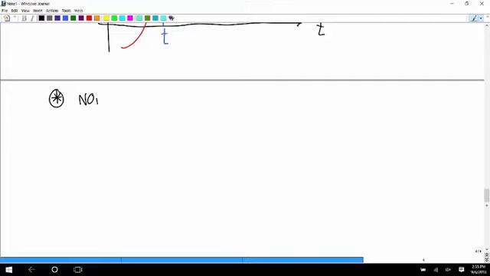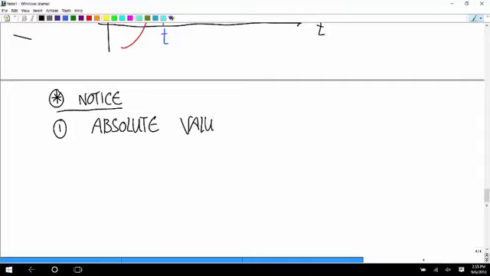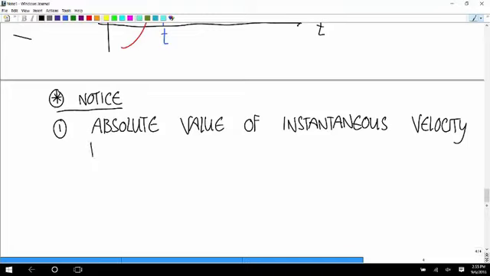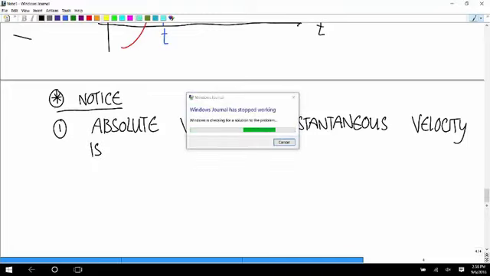So notice there's two things that are important about instantaneous velocity. The first one is that the absolute value of the instantaneous velocity is the instantaneous speed.